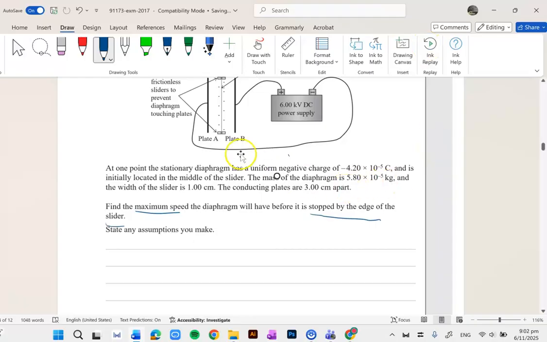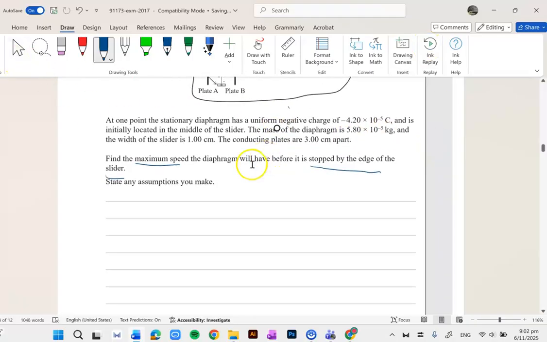Alright, this is where lots of people mess up. So, state any assumptions you make. They've already given you a clue on what to do. This assumption just means conservation of energy. So just saying EP equals EK.